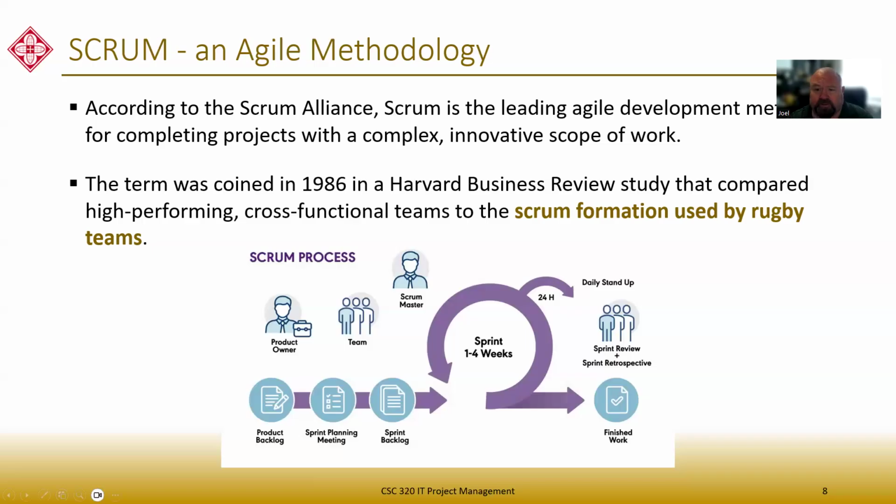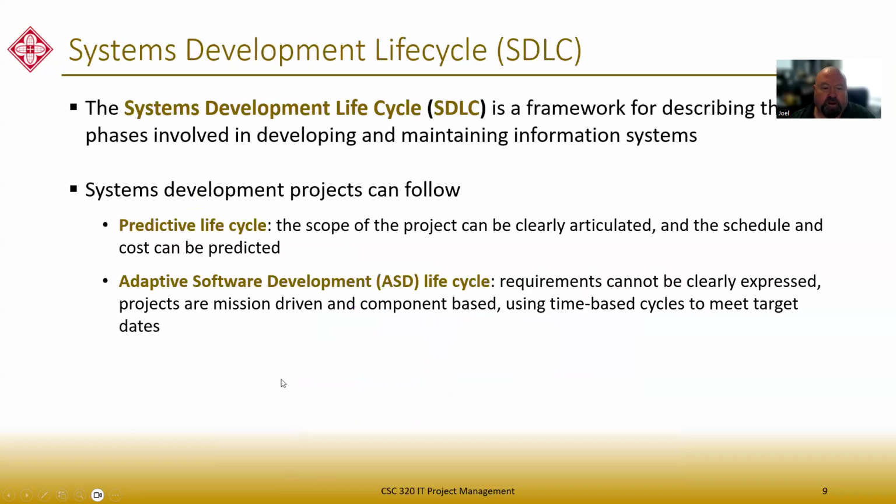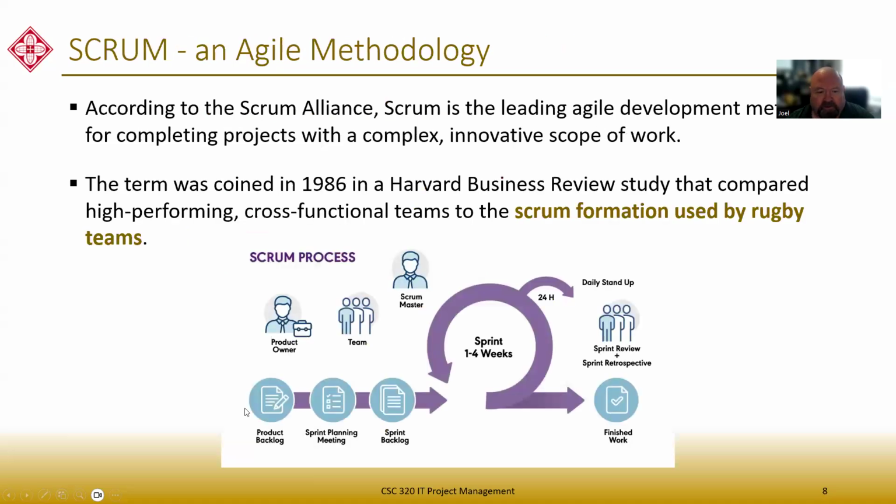All right, so let's look at what that looks like here. Your overall project, you can think of in terms of this product backlog. This is everything that I have to do, and each would be considered some task on this overall list.